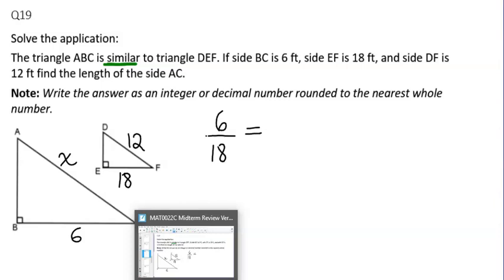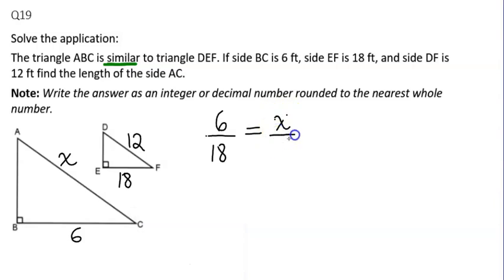Now the other one. What is the other ratio that I can create? X and 12. They correspond. And remember, I start with the bigger triangle on the numerator. Now what do I do here? How do I solve this?